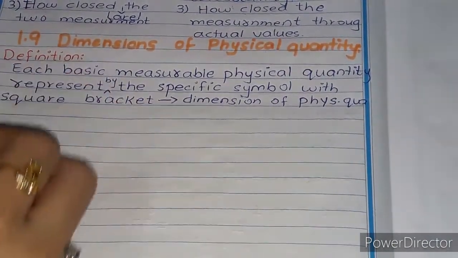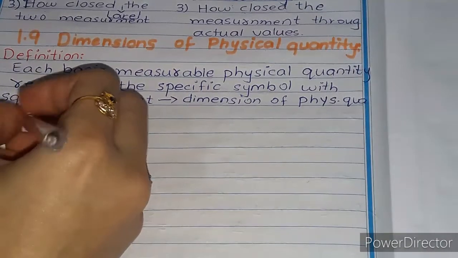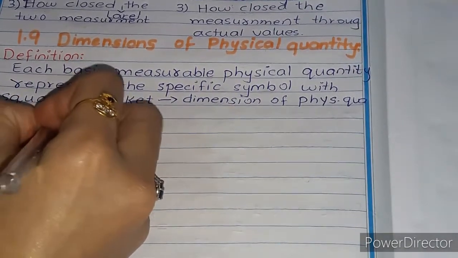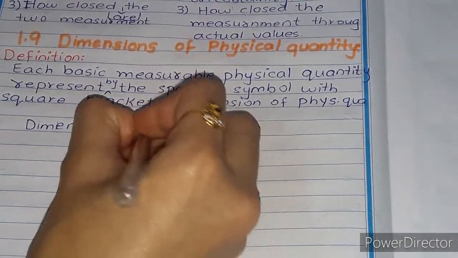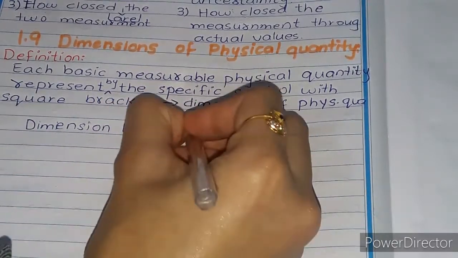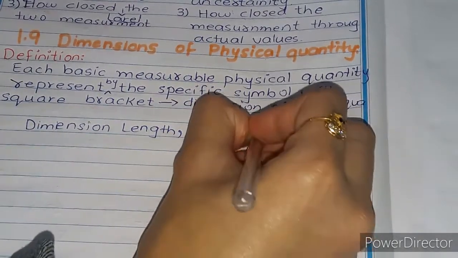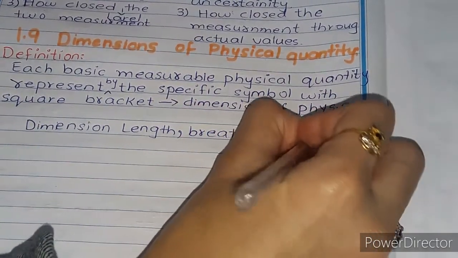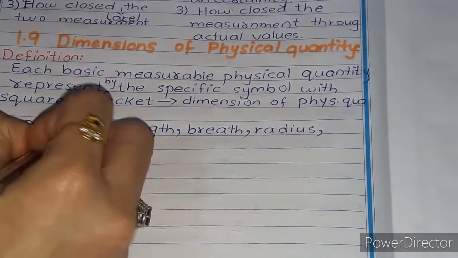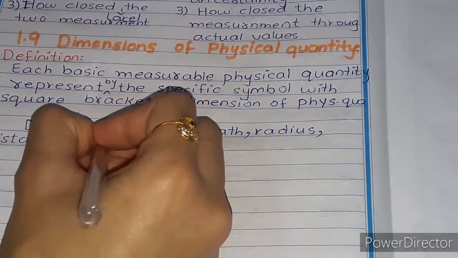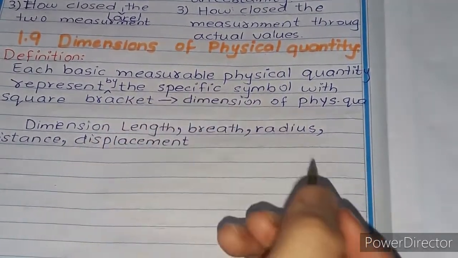Like dimension of length, breadth, radius, distance, displacement are measured in meter.